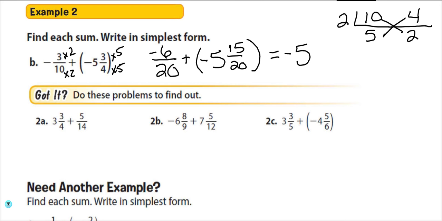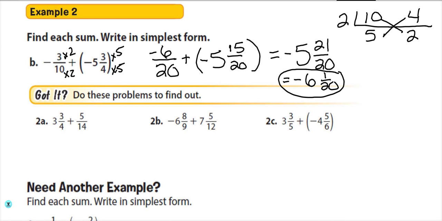And then I have 6 plus 15, and that's going to give me 21 over 20. Now, if you remember from the last time we did mixed numbers, you just take the second part off here and work that out. So 21 out of 20 is 1 and 1/20. So we just add the whole 1 to the 5. So this is actually going to be negative 6 and 1/20.